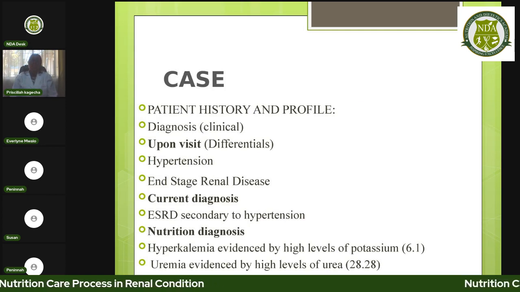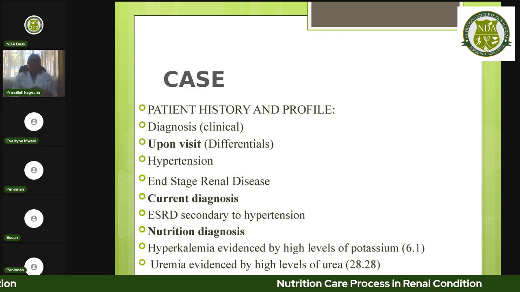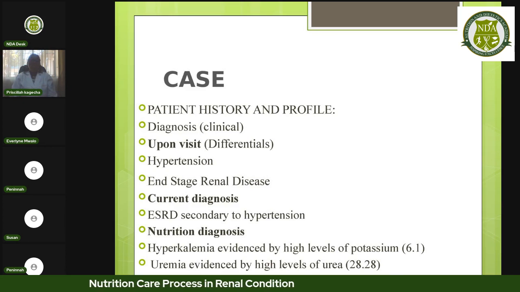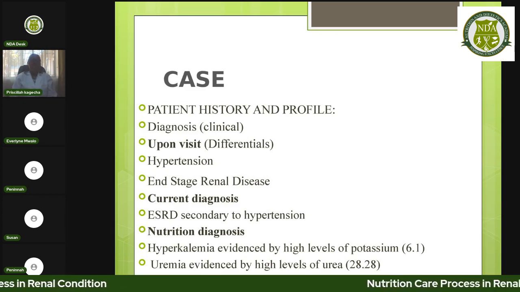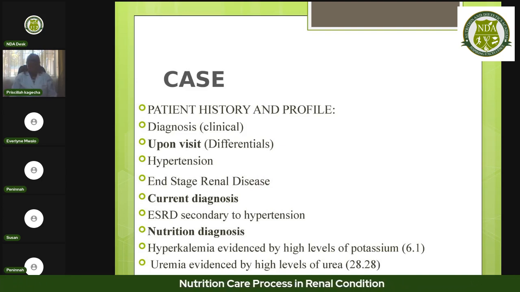and upon visits, the differentials showed hypertension and end-stage renal disease. And their current diagnosis, of course, is now the end-stage renal disease secondary to hypertension. So, the patient comes in with complaints of severe headache, weakness, lack of appetite, dizziness.